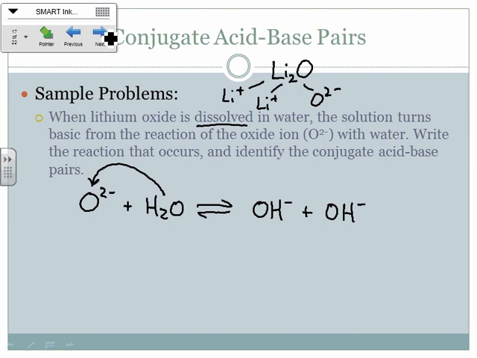Now, this is weird, but on this side, it's fairly easy to see. Oxygen is the base here because it's taking a hydrogen from the water, and that makes water the acid. But over here, we've got two of the same things, and in order for this reaction to go back in the reverse direction, one of these has to be the conjugate acid, and one has to be the conjugate base.